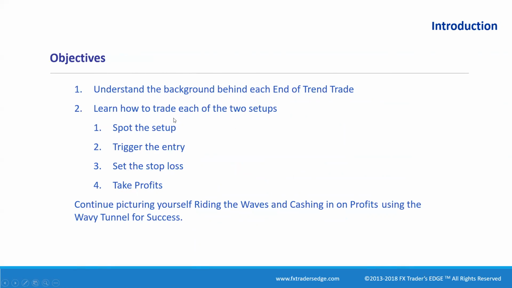So before you can do your trade plan, you need to do your analysis, whether that's your Elliott wave analysis or your wavy tunnel analysis. And you can write out your trade plan right on the chart. You can put the entry, the stop loss, and the take profits right on the chart so that it's visual for you.